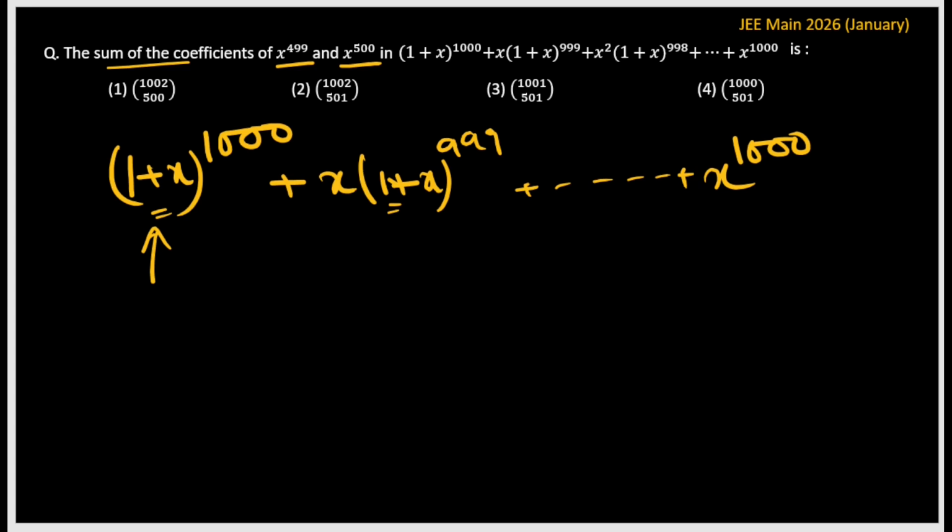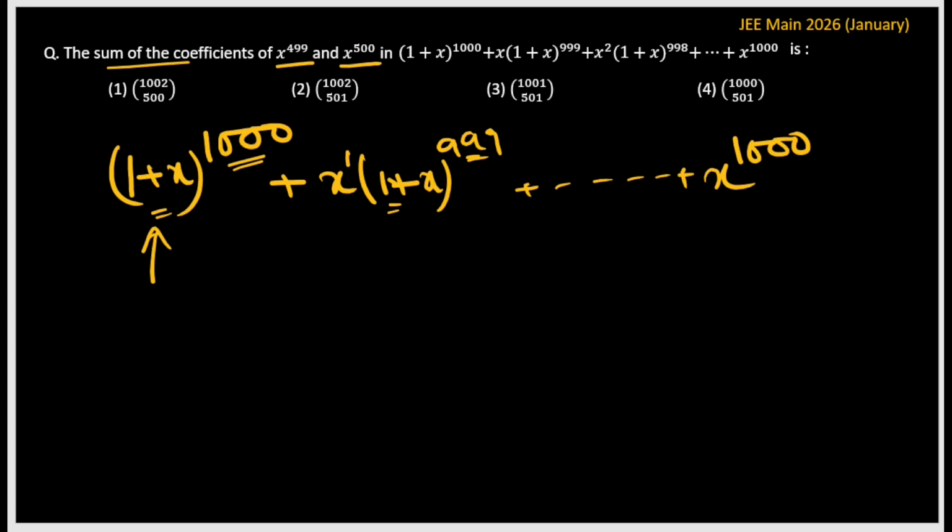So in this case we approach another method. If we see the expression of this problem carefully, it is given (1 plus x) to the power 1000 plus x into (1 plus x) to the power 999, and so on. Here (1 plus x) to the power 1000, then the power decreases by 1, but x is involved, so it is multiplied by x.